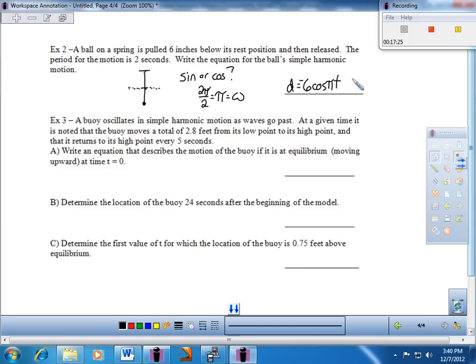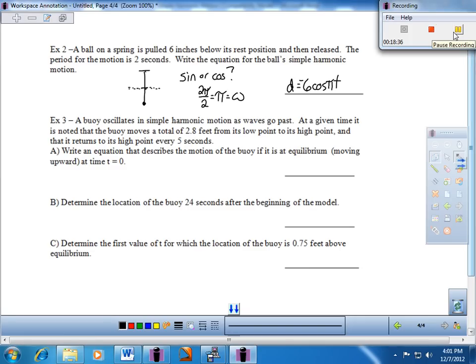Write an equation that describes the motion of the buoy if it is at equilibrium moving upward at time 0. Basically, it's going to be at the rest position, in between the positive maximum and the negative maximum displacements. I would encourage you to pause the video for a moment and see if you can come up with a model for this. Then come on back, and I'll pause for just a sec, and then I will see how you did.